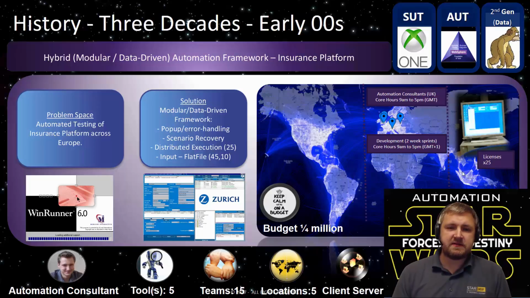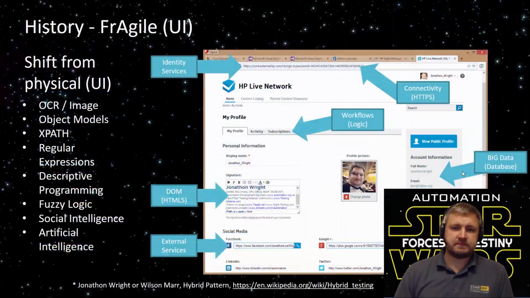Equally, making that more robust. So that meant more error handling, pop-up handling, and scenario recovery. So as we see in the early noughties, we moved on to start looking at more enterprise level automation.